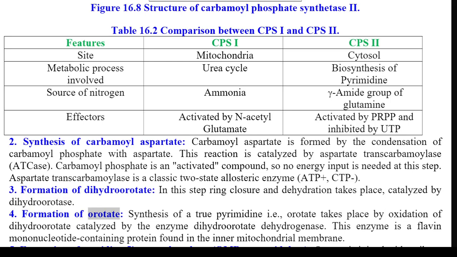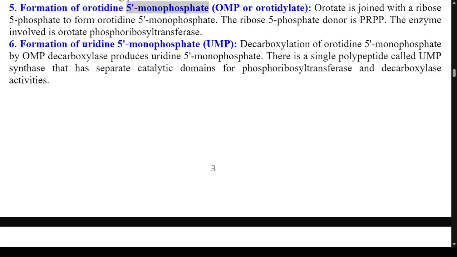4. Formation of orotate. Synthesis of a true pyrimidine, i.e., orotate, takes place by oxidation of dihydroorotate catalyzed by the enzyme dihydroorotate dehydrogenase. This enzyme is a flavin mononucleotide containing protein found in the inner mitochondrial membrane. 5. Formation of orotidine 5-monophosphate, OMP or orotidylate.